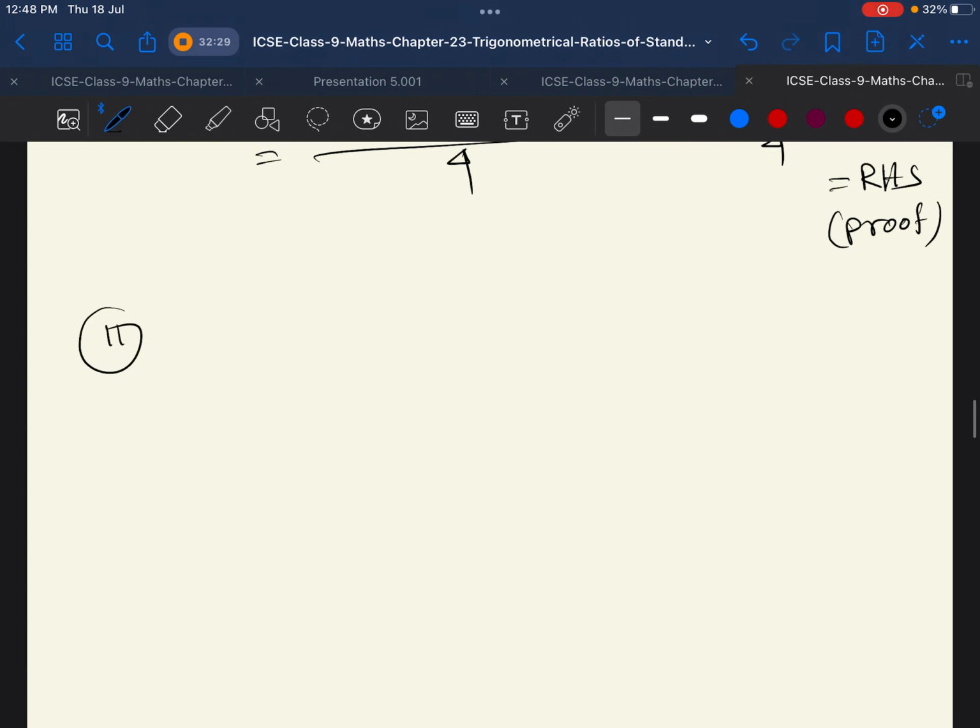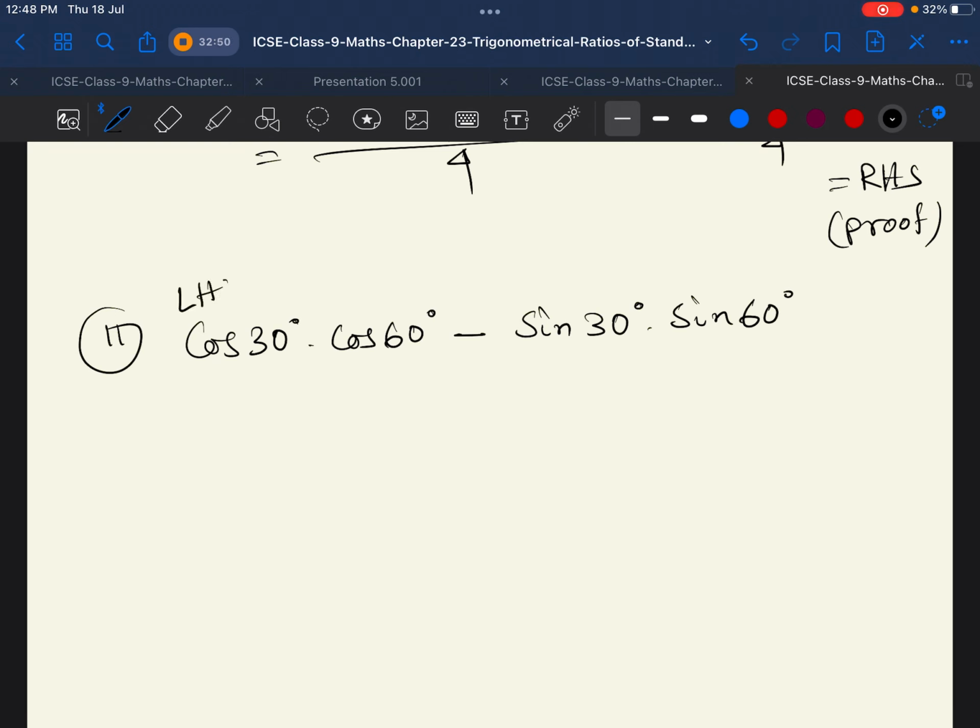Now question number 2. Cos 30 cos 60 degree minus sin 30 degree sin 60 degree. We have to prove this term will be 0. Okay. This is left hand side.